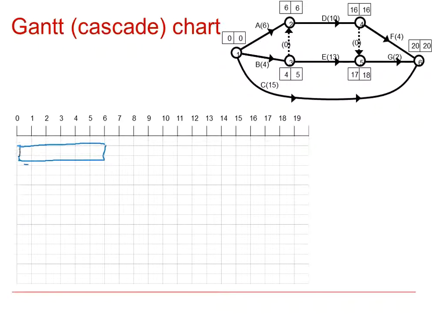Obviously no float because it's critical. D would go from 6 to 16. Again, it's critical, so no float. F would go from 16 to 20.